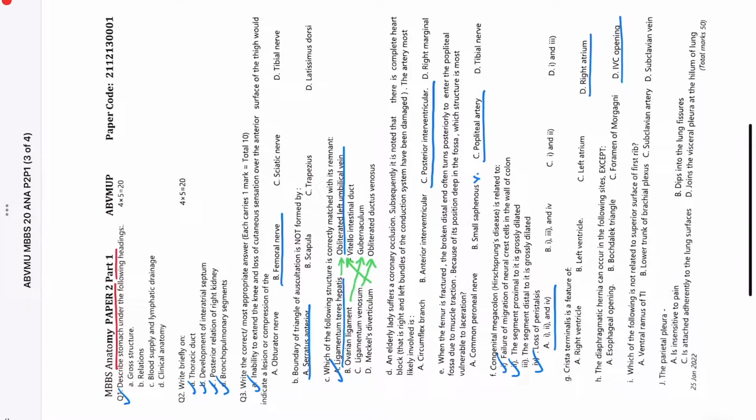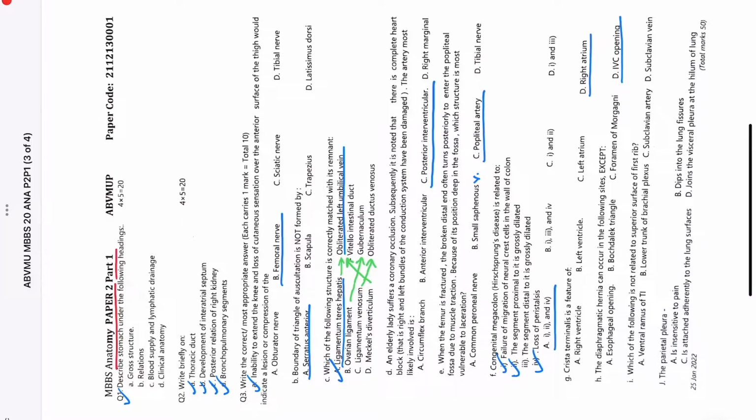it divides into two rami, a ventral and a dorsal ramus. And you know that the ventral ramus of C5 to T1 participates in the brachial plexus. But here, because we have thoracic intercostal nerves as well, and these intercostal nerves are also the ventral rami of thoracic spinal nerves, in the case of the T1 ventral ramus, it splits into two divisions, a minor and a major division.